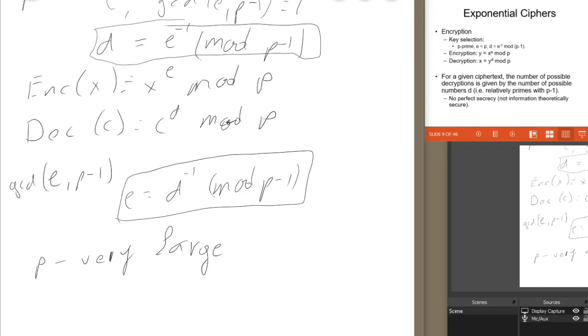But this also raises an additional issue, namely how to find very large primes.